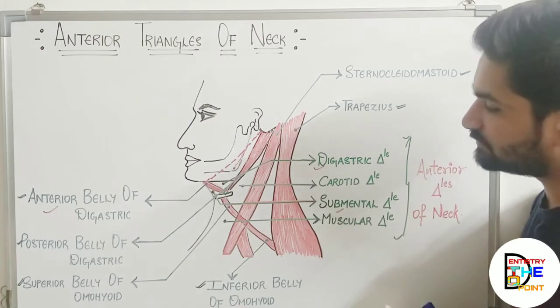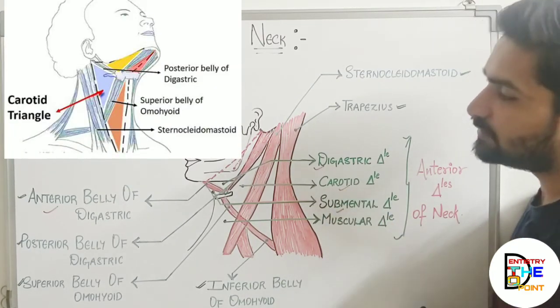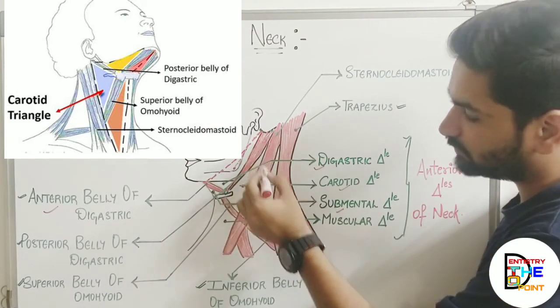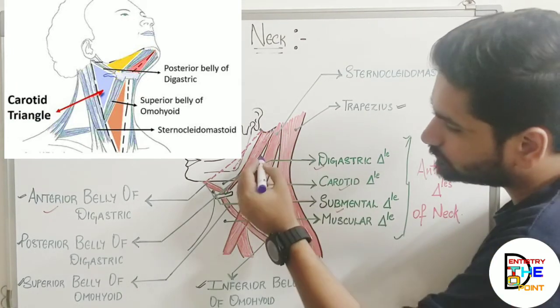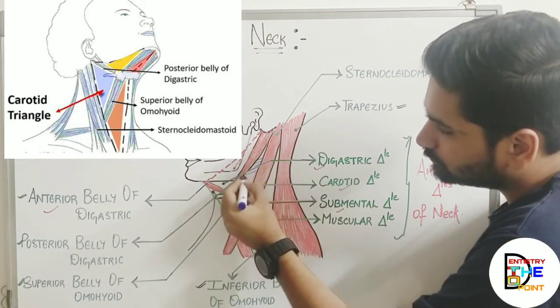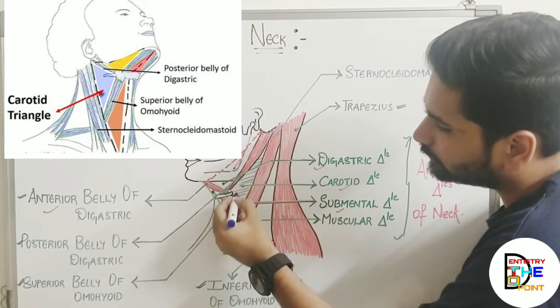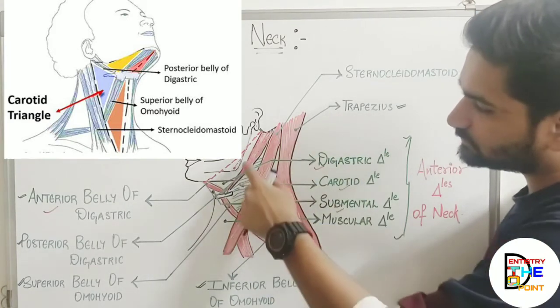Now we have discussed 2, that is submental and digastric. The third triangle which we are going to discuss is the carotid triangle. I'll highlight it with some other color. This is your carotid triangle. Now see clearly that this is formed by 3 muscles.